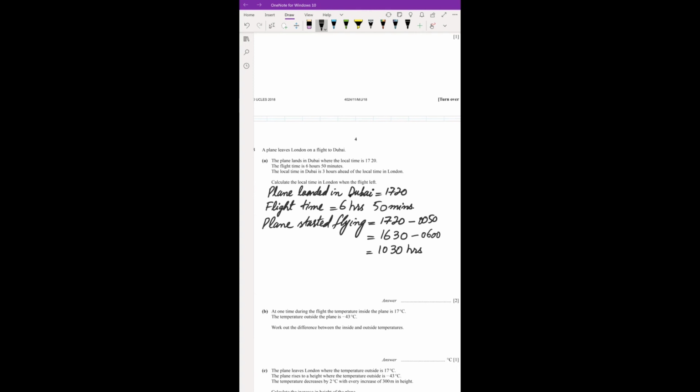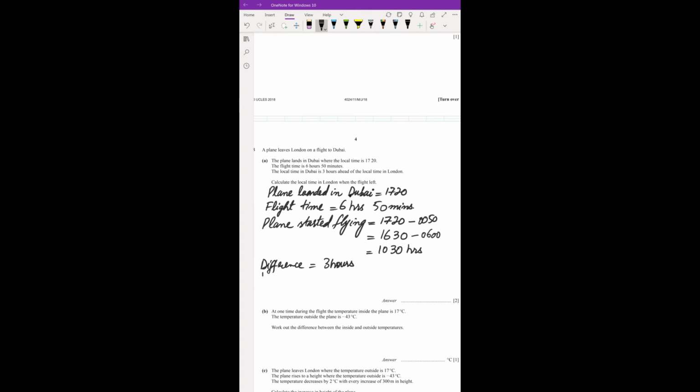The next information that we have is that the local time in Dubai is 3 hours ahead of the local time in London. So the difference of time is 3 hours. Now, finally, what we have to do is calculate the local time in London when the flight left.